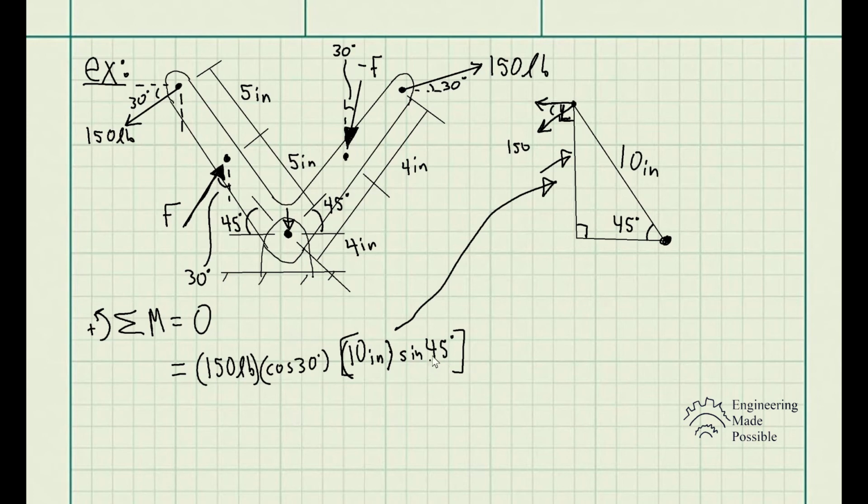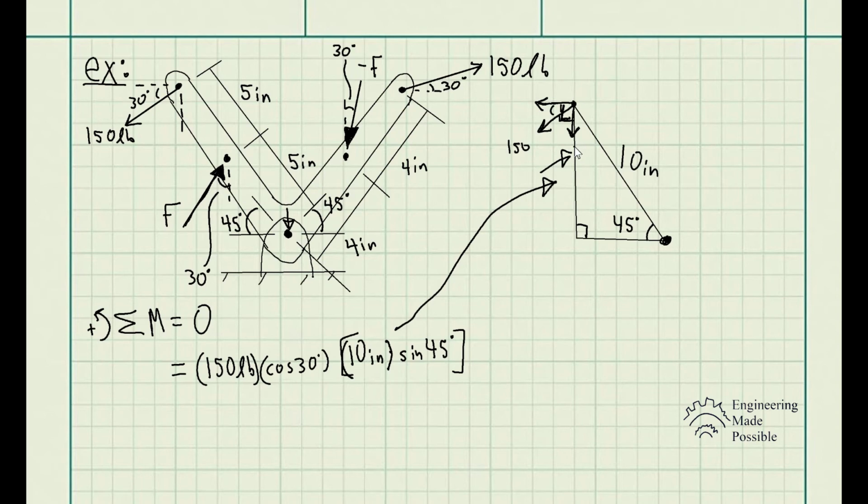Now this moment is going to be causing a counterclockwise rotation along that hinge that we see here. So since this causes a counterclockwise rotation, then it's a positive. Now let's go ahead and look at the y component. So the y component is the component of that force going downward here.